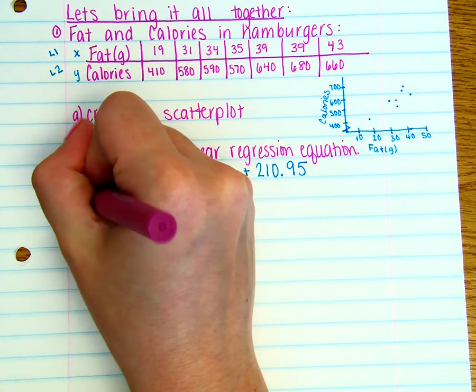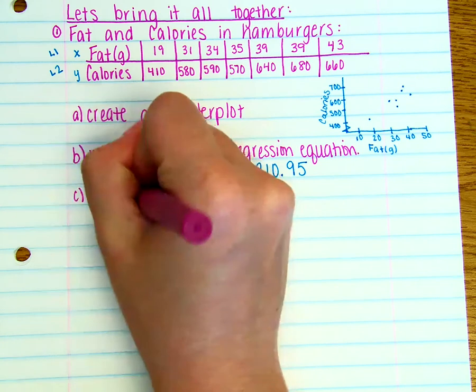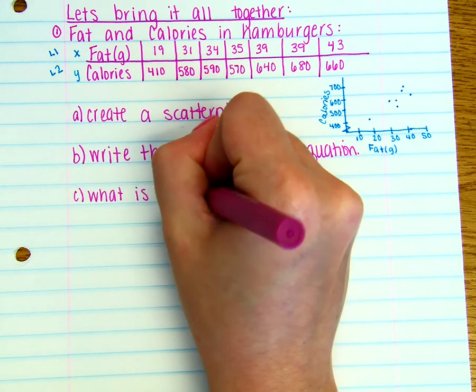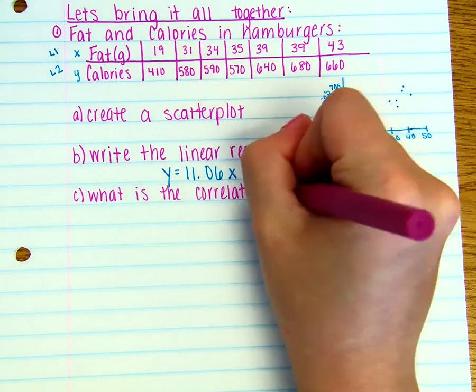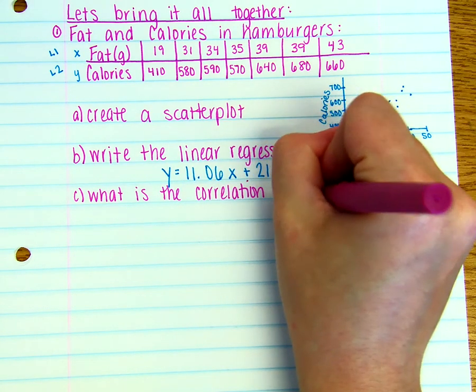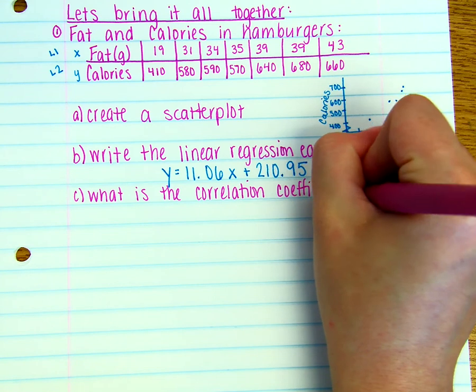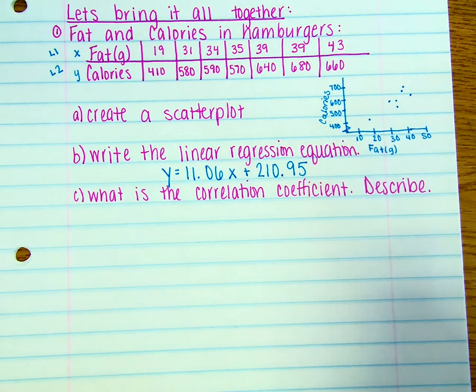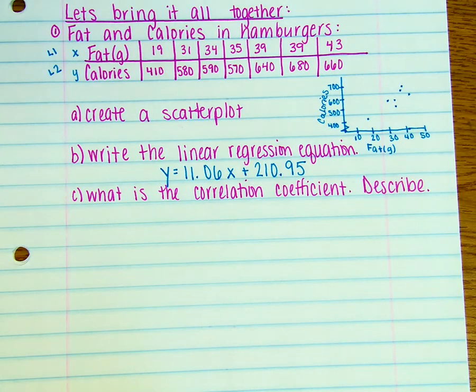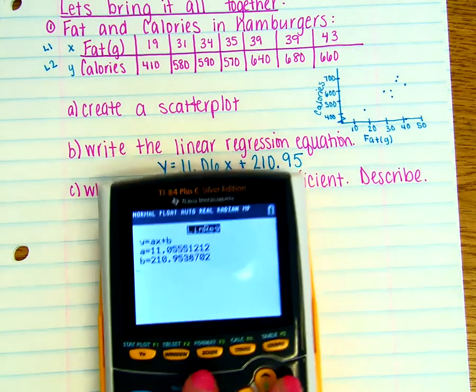The next thing it's going to ask for is the correlation coefficient. And then once it asks you for that, it's also going to ask you to describe what that correlation coefficient is.